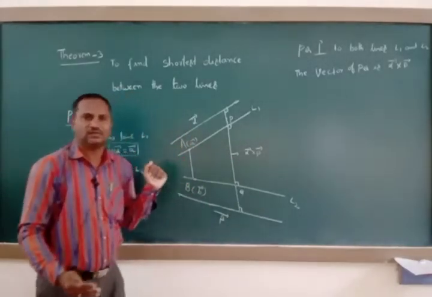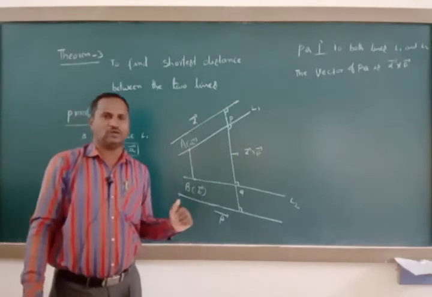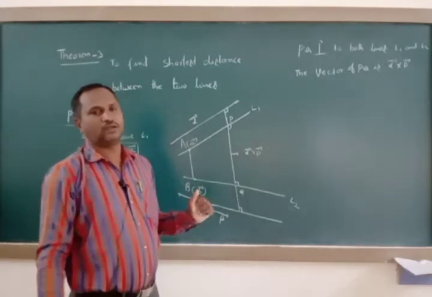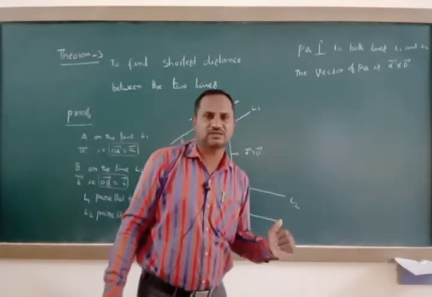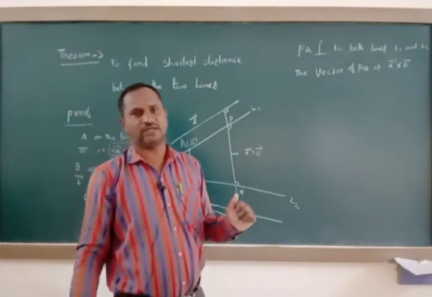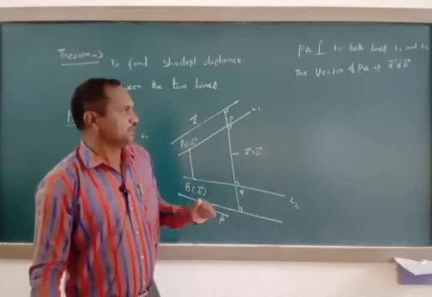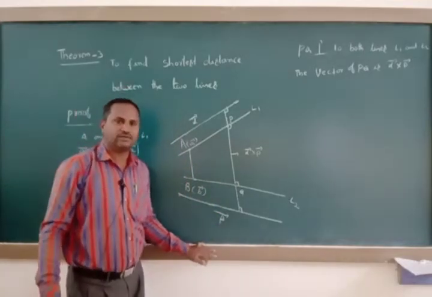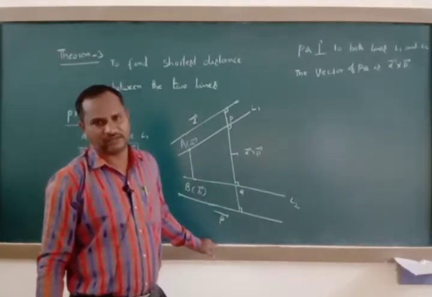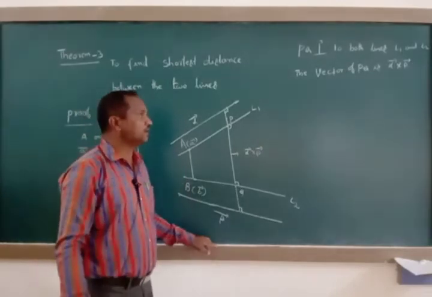That's where we have to apply the vector formula. In dot product we have discussed that the projection of vector A on vector B is given by A vector dot B vector whole divided by magnitude of B vector. That formula we have to apply.